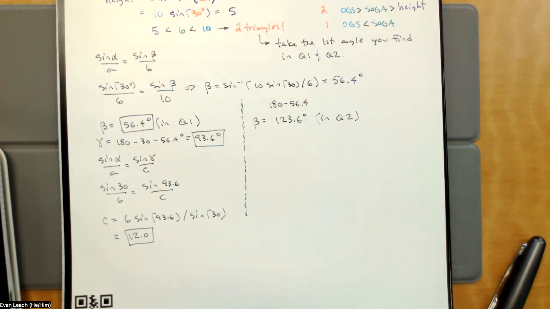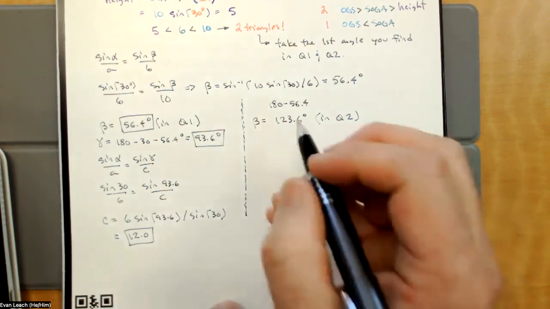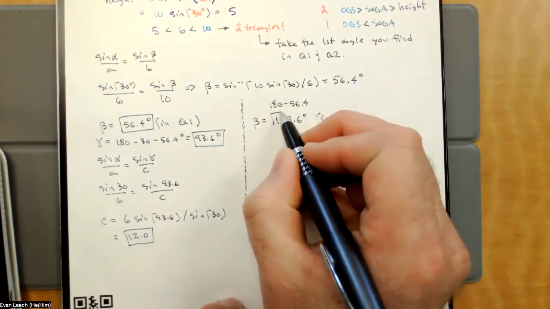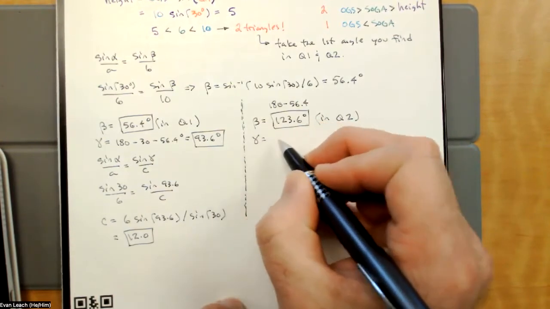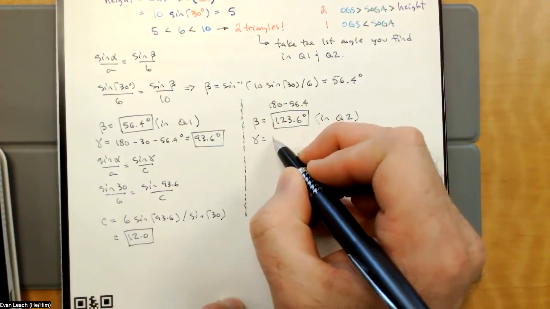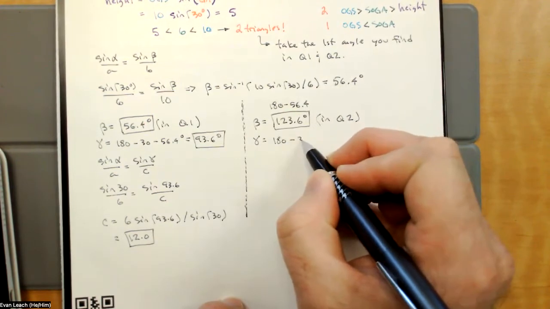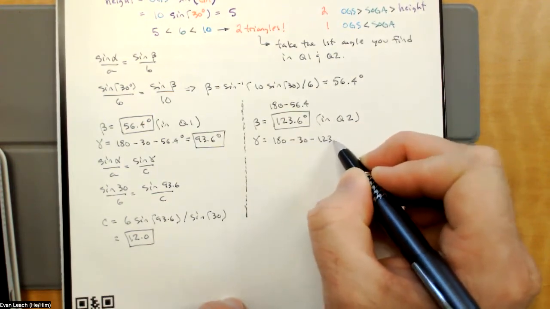That's one of my triangles. I've got the given alpha, B, and A, and now I have the found beta, gamma, and C. So over on the right column, I have a beta of 123.6. Once we have two angles, we subtract to find the third angle. So our other gamma is going to be 180 minus 30 minus 123.6.